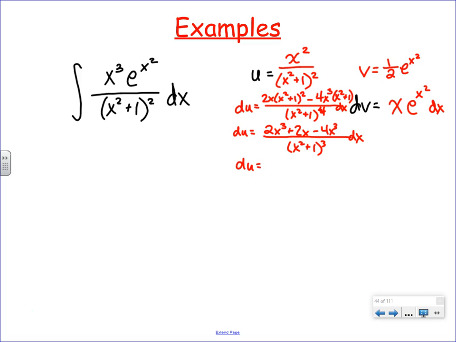So du is going to equal, pull out a negative 2x, so that'd be an x squared minus 1? You can double check. Negative 2x cubed, just pull out a negative 2x, dx. Yeah, that works.